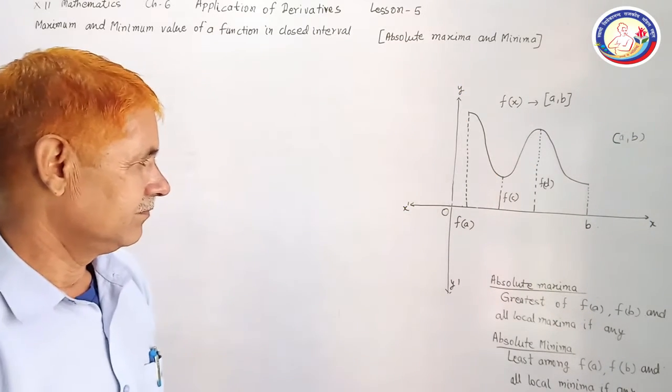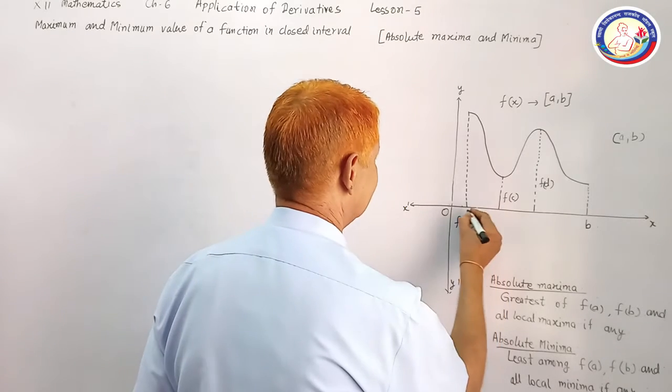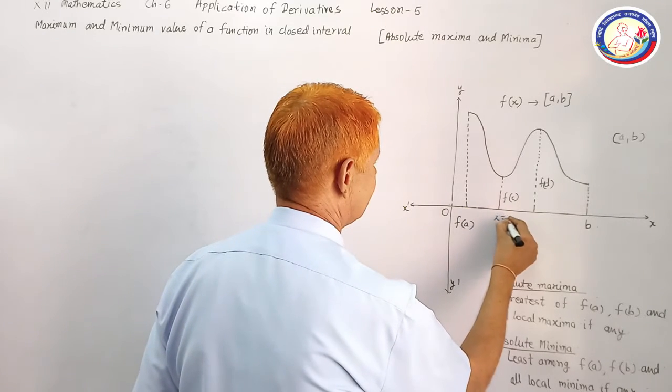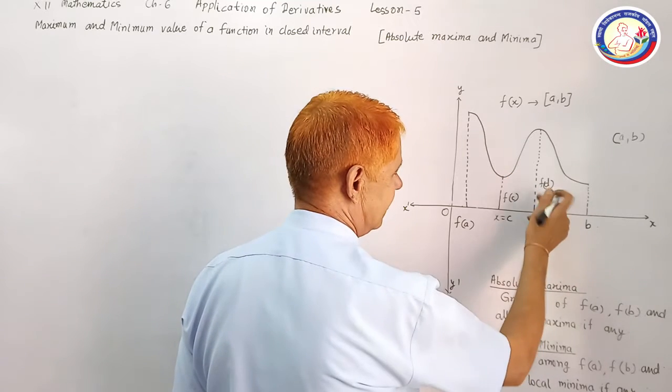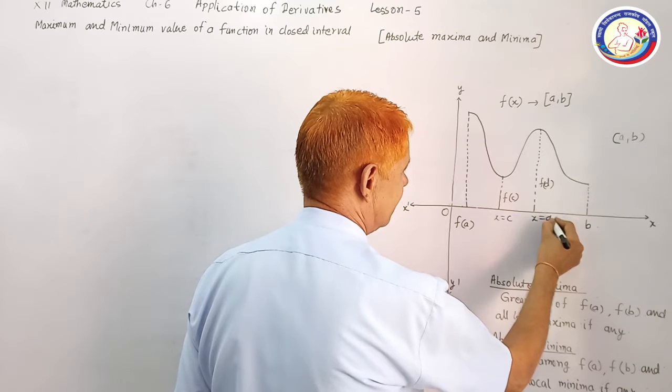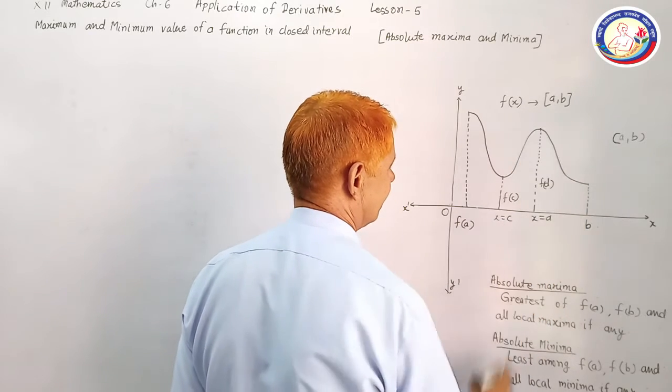Here there is a point x equal to C where a minimum value occurs and a point x equal to D where there is a maximum value.